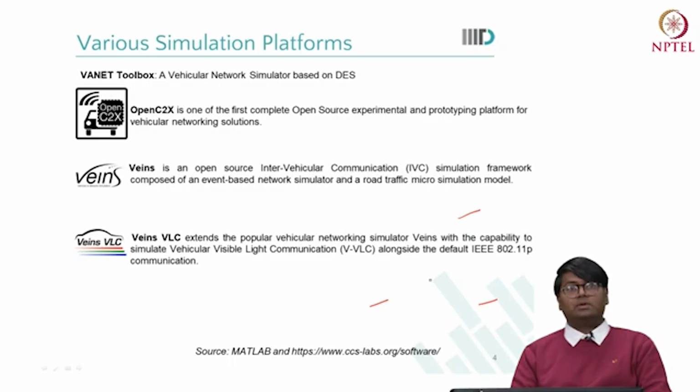So you have both the possibilities. I mean to say you can simulate vehicular VLC along with your RF. Additionally, the headlight and the tail light path loss models provided by this Veins VLC are based on real world empirical measurement, allowing the realistic simulation of this vehicular VLC environment.